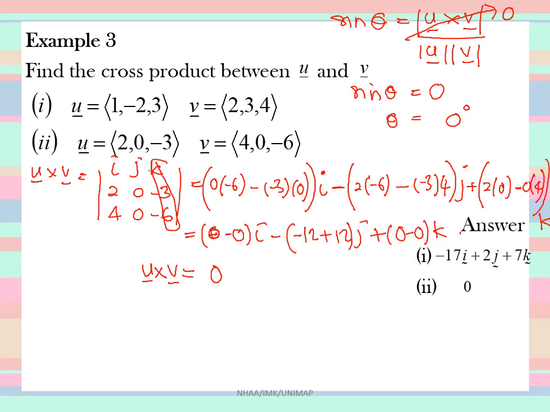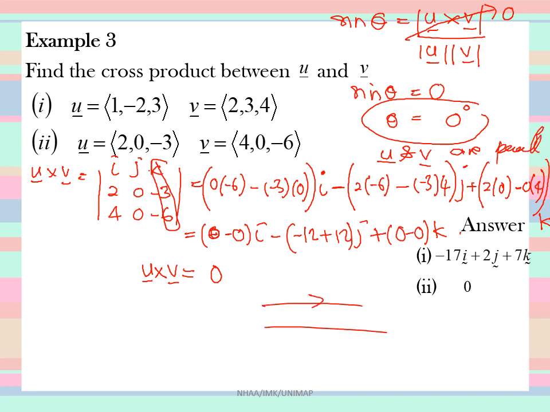So what does it mean when theta is equal to 0 degrees? It means that vector u and vector v are parallel, or they might be in the same line.